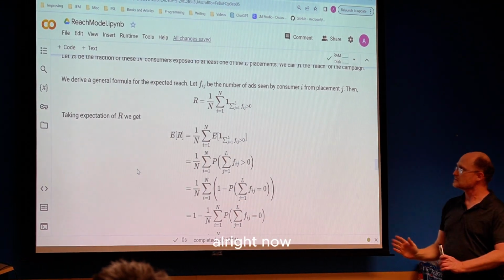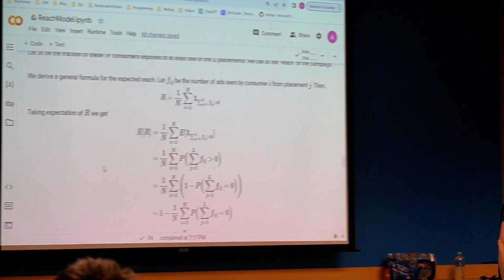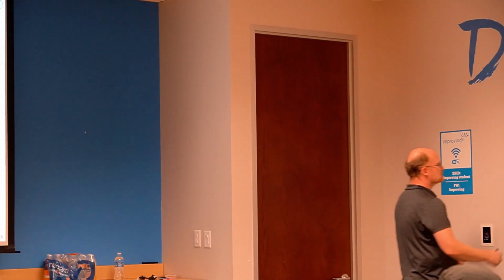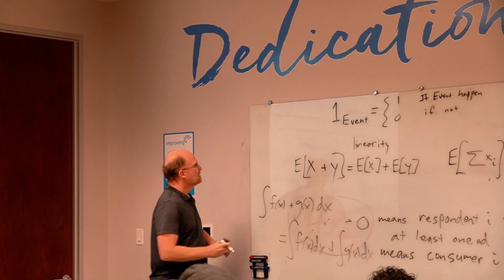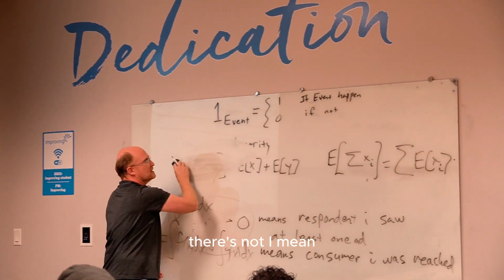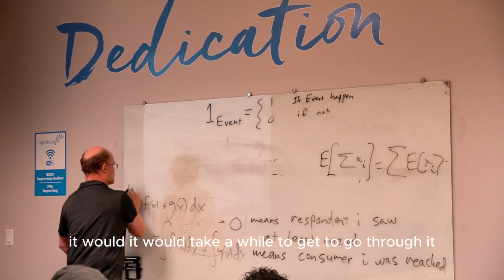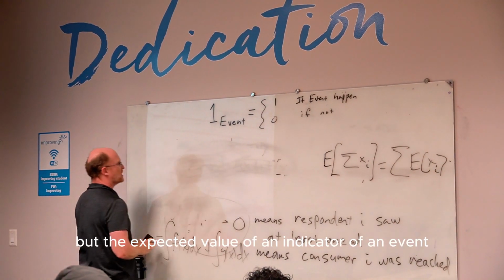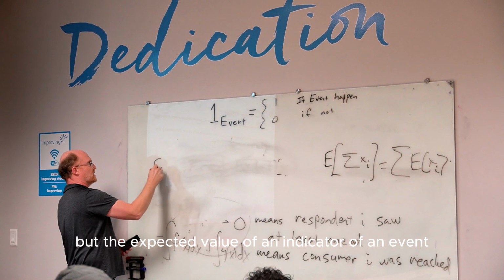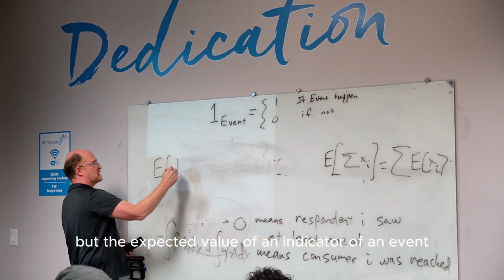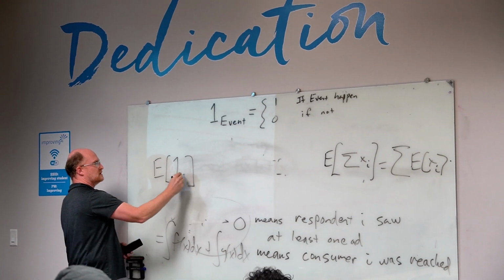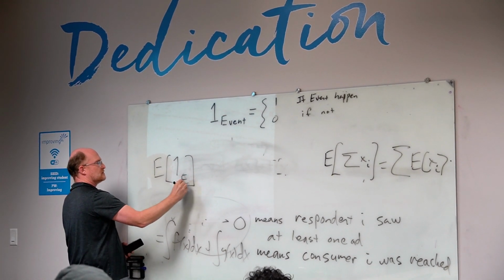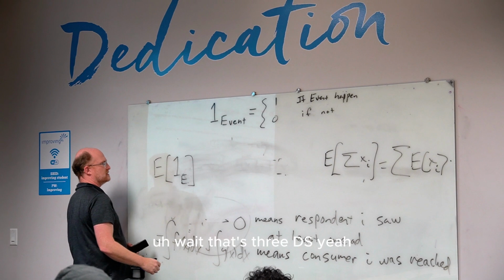Now, to understand the next line, it would take a while to go through it. But the expected value of an indicator of an event, let me call it event Z, since E would be too many E's.